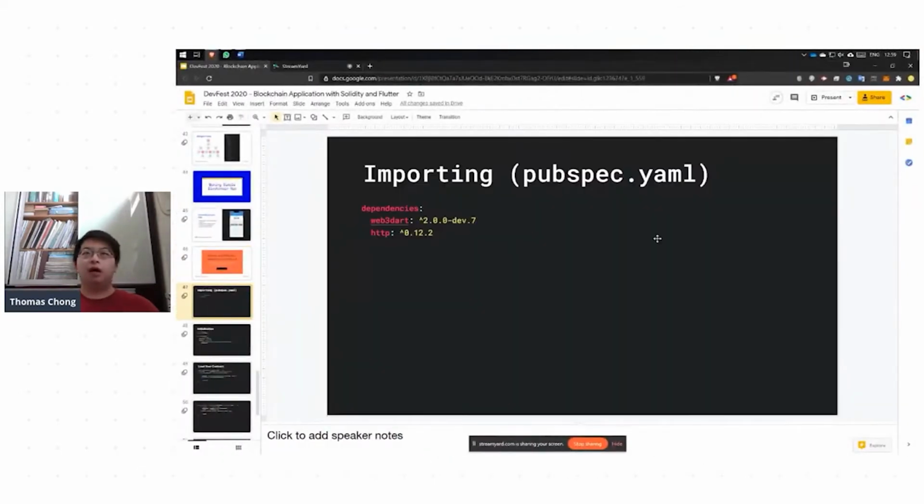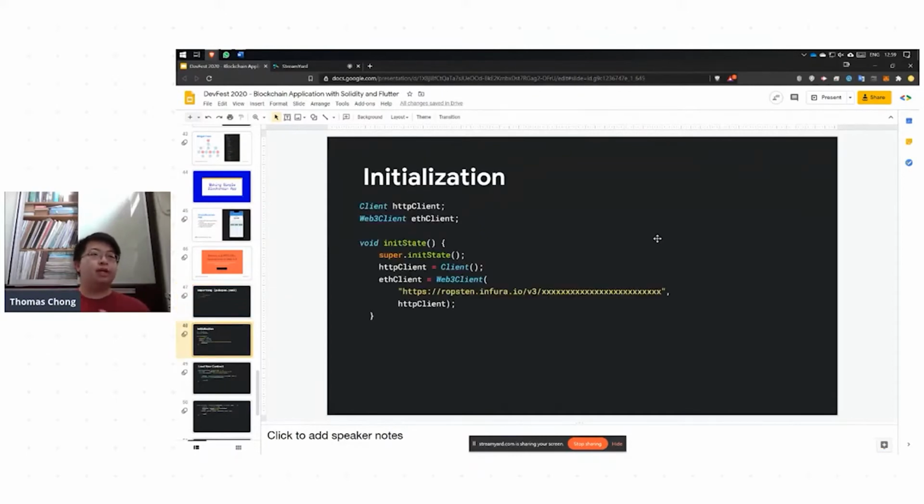Okay, so when we build this simple blockchain app, the most important thing is to import the two libraries, Web3dart and HTTP. After you put these two packages and indicate them in the pubspec.yaml, we need to do the initialization using these packages.